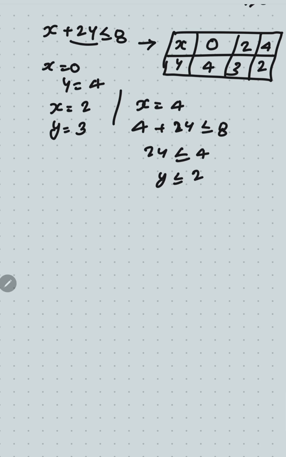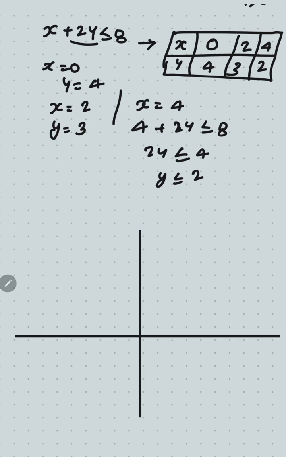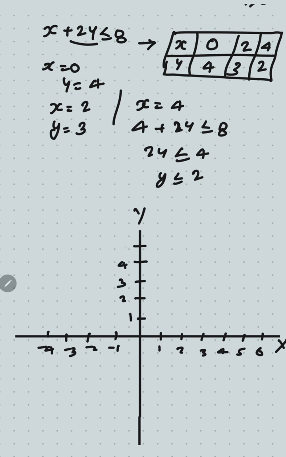Now make the graph. That is the x-axis, that is the y-axis. It means that 1, 2, 3, 4, 5 and 6, and there will be negative values. And this is y, 1, 2, 3, 4, 5 and 6, and this will be negative.